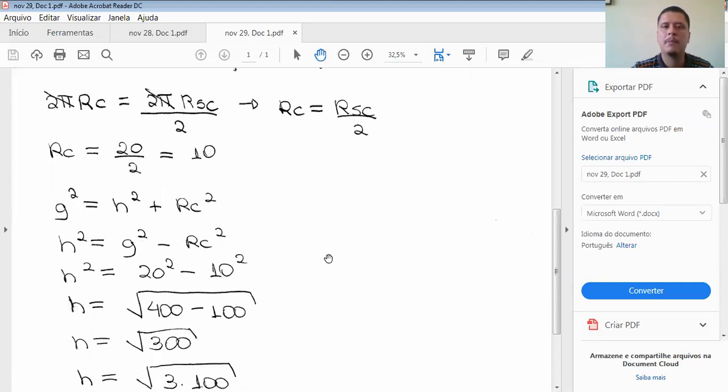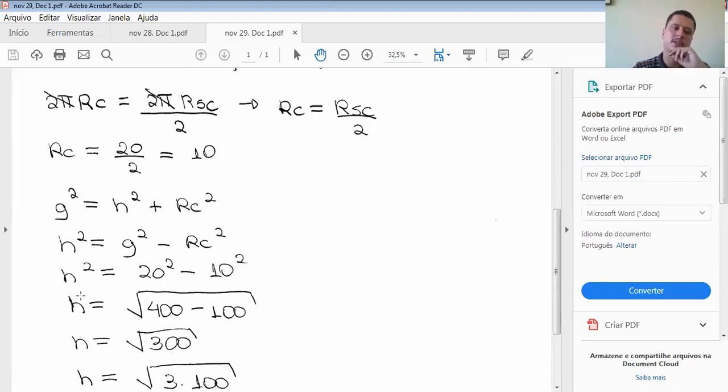Substituting the variables by their values, H squared equals G equals 20, 20 squared, minus RC equals 10, 10 squared. So H squared is going to be 20 squared minus 10 squared. From this line to this line, I'm taking 2 steps. I'm already calculating these powers. So 20 squared equals 400, 10 squared equals 100. And this power here, I'm going to transfer its effect to the other side.